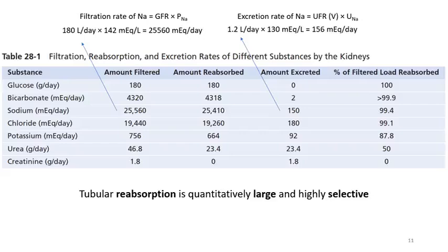If it is potassium, about 88% should be reabsorbed, and other substances likewise. So it shows that it is selective: the renal tubule decides which substance is transported and how much reabsorption should occur for that substance.